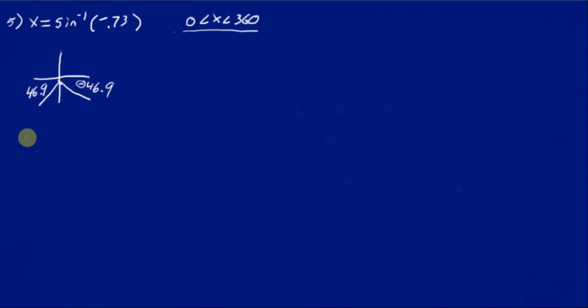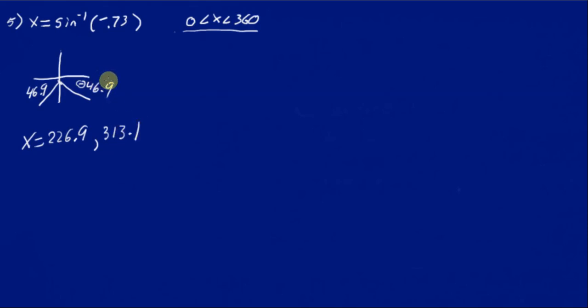So if I take 180 and add 46.9 to it, I'm going to get 226.9. And I'm also going to get 360 minus 46.9, which gives me 313.1.